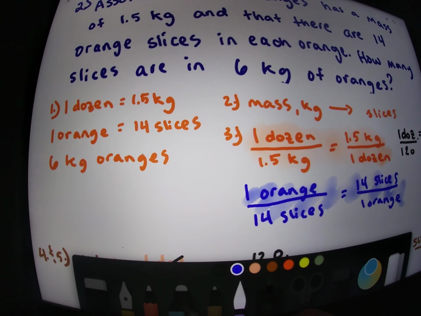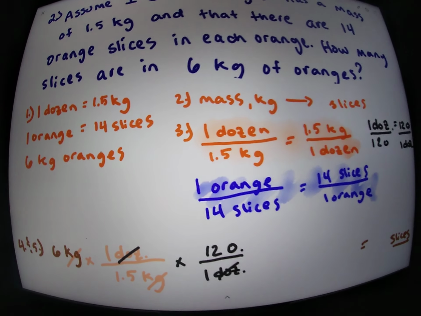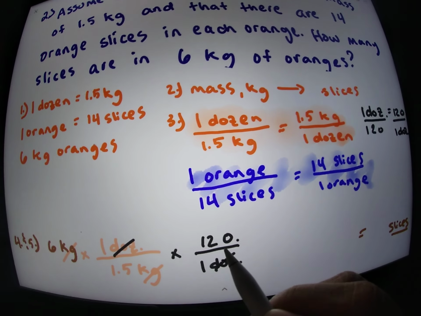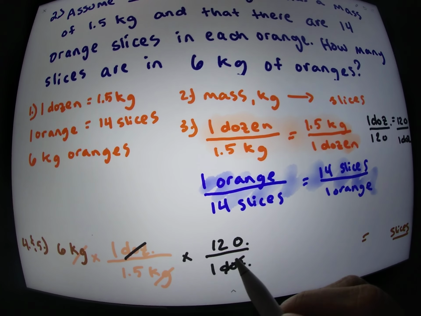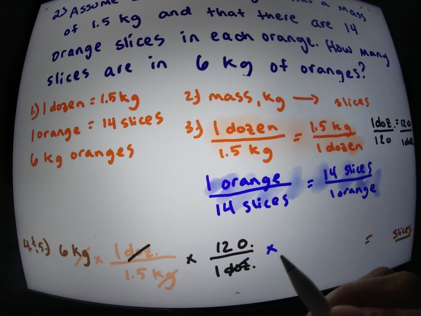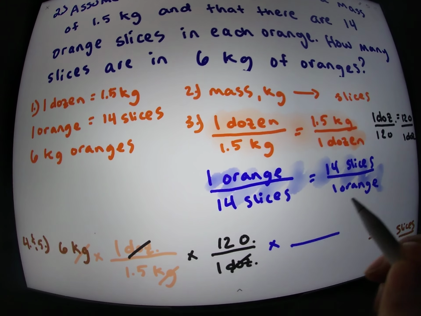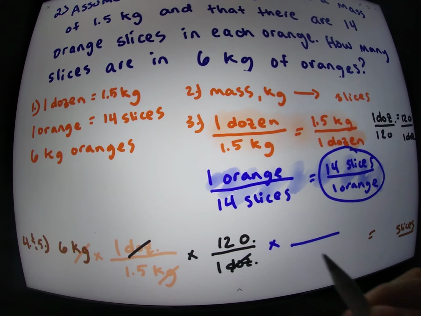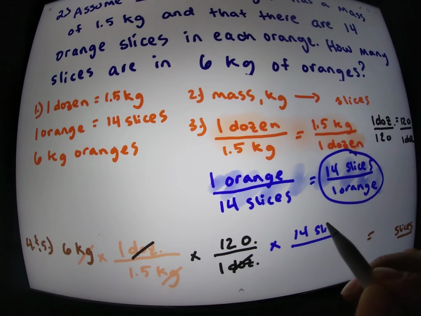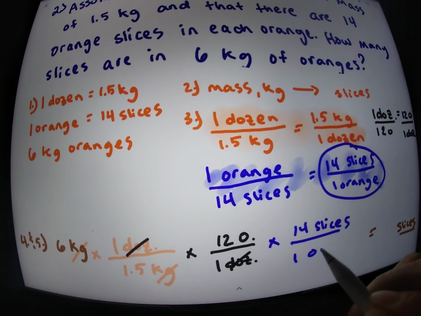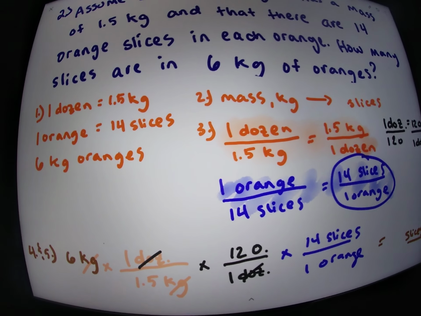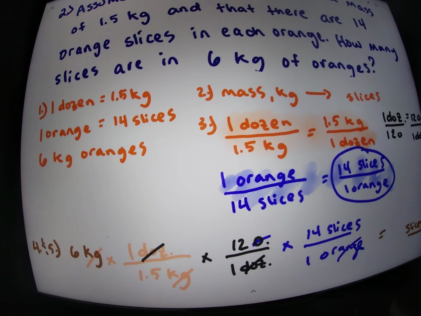If we're at oranges and we want slices, we're going to convert our oranges to slices by using a conversion factor that has the orange on the bottom, which is this one, with slices at the top. Oranges cancel out.